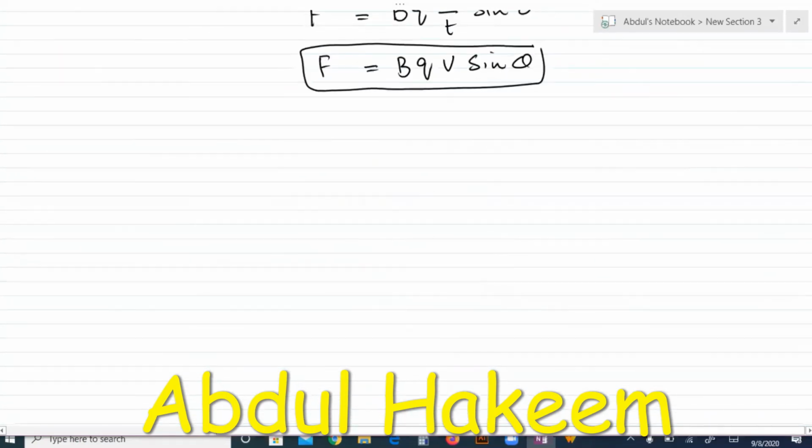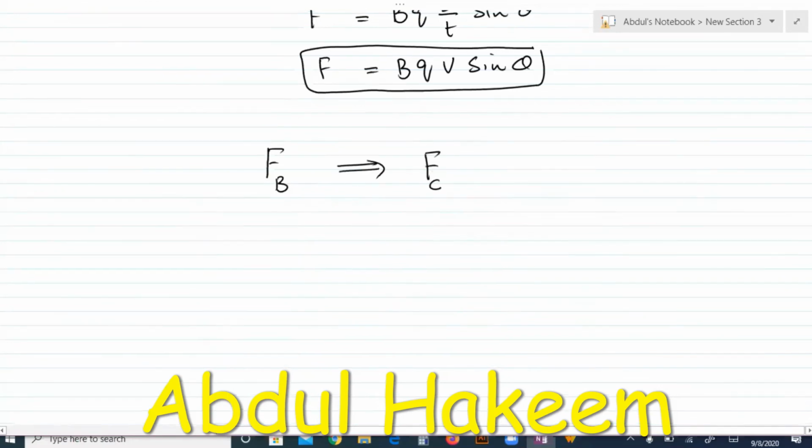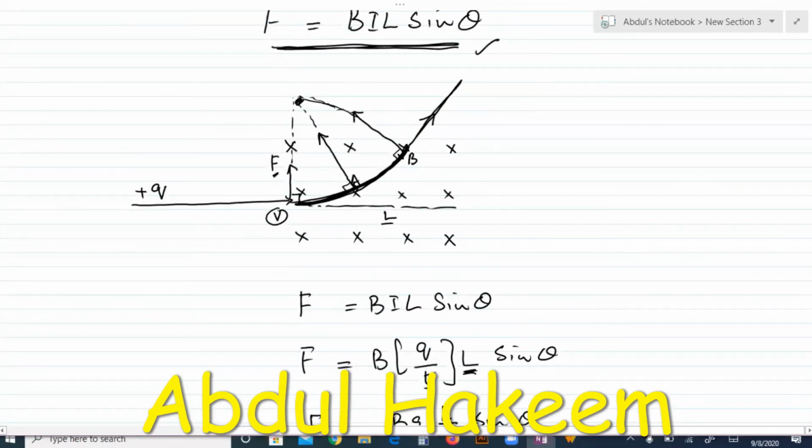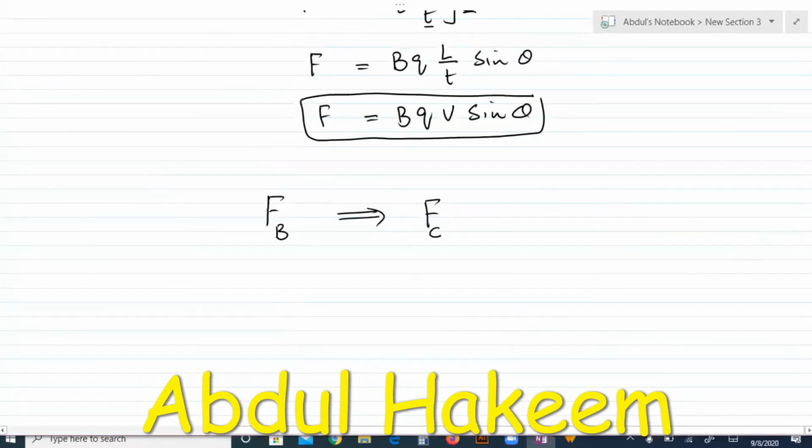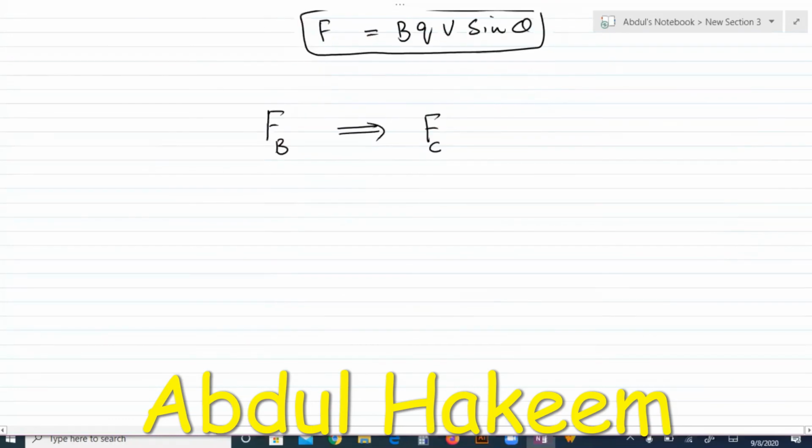So in short, we can write that the magnetic force experienced by the moving charged particle is converted into centripetal force. So the path of the moving charged particle inside the magnetic field is not just curved, it is exactly a circular path. But in an electric field, it is parabolic, just a curved path. So in a magnetic field, it is circular, centripetal force. So the magnetic force is converted into centripetal force.